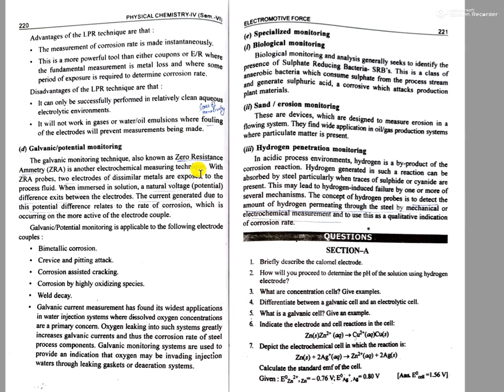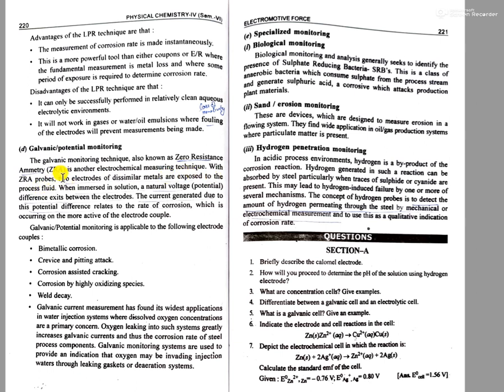Then we have many other methods like this. There is also the galvanic or potential monitoring technique mentioned in your textbook. You have to learn that also. The galvanic monitoring technique is also called zero resistance ammetry, ZRA, and it is another electrochemical measuring technique. Here also we are using a probe, that is the ZRA probe. Two electrodes of dissimilar metals are exposed to the process fluid.